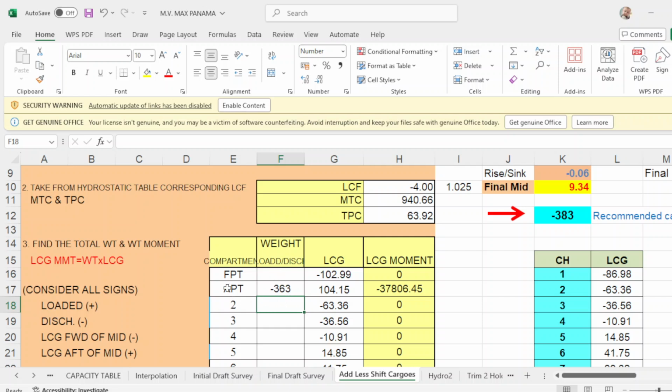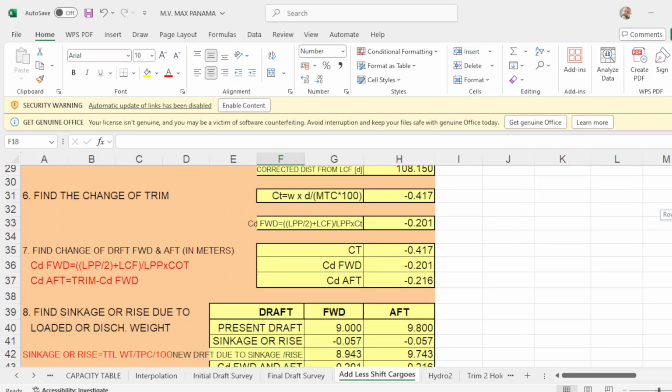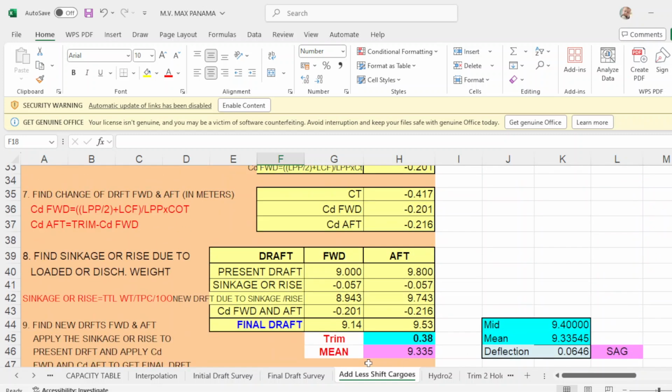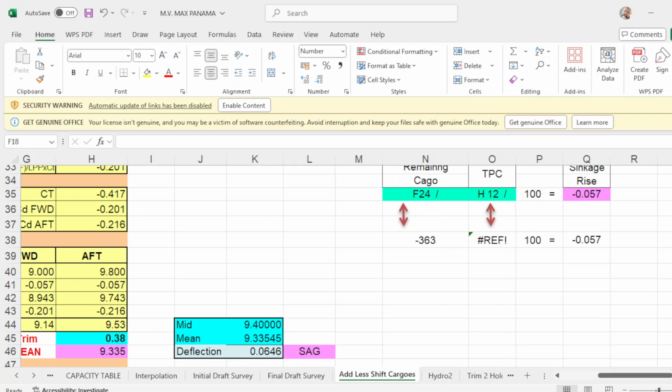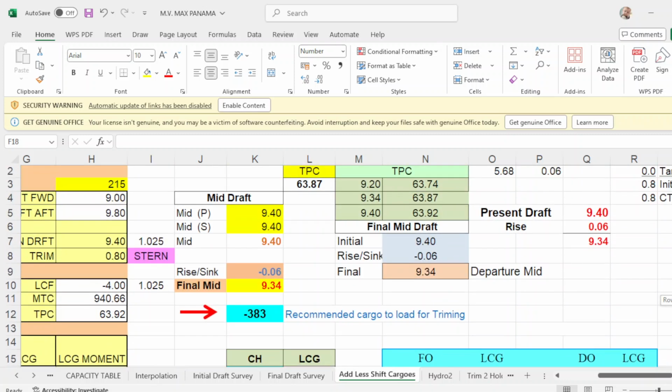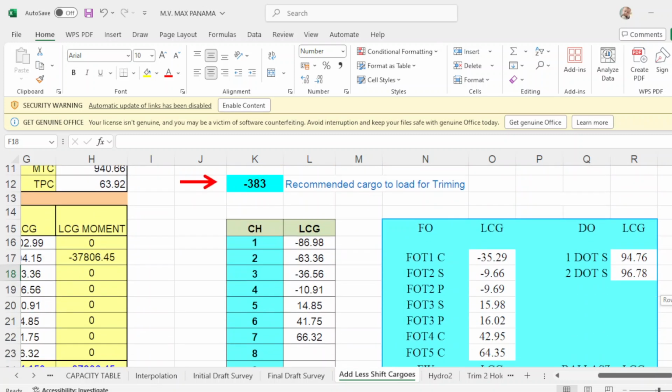What is the drop if you take this amount of ballast in after peak? Your drop will be 9.14 and 9.53, which is this one.